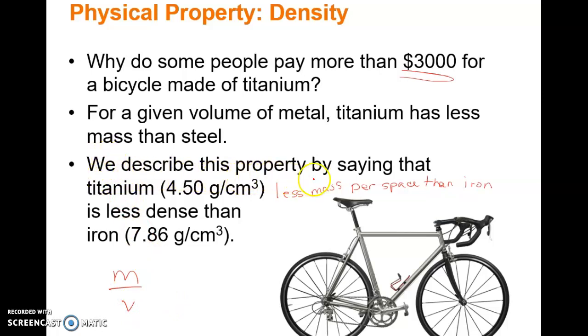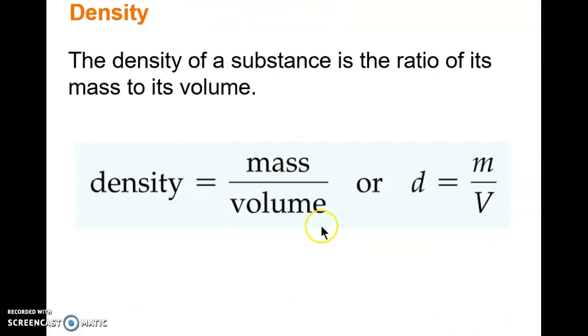So we describe this property by saying titanium is only 4.5 grams per centimeter cubed, which is way less dense than iron that is 7.86 grams per centimeter cubed. So titanium has less mass per space than iron, which is better to ride on a bike because it's lighter. So density is mass divided by volume, or you might see it as D equals M over V.